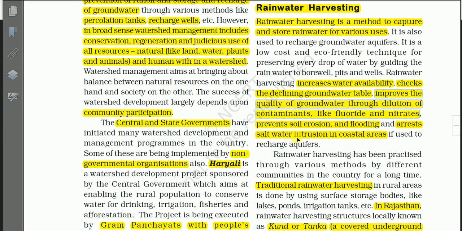Then rainwater harvesting also prevents soil erosion and flooding, and arrests saltwater intrusion in the coastal areas if used to recharge the aquifer. So when we harvest rainwater in the watershed areas, the runoff is captured.